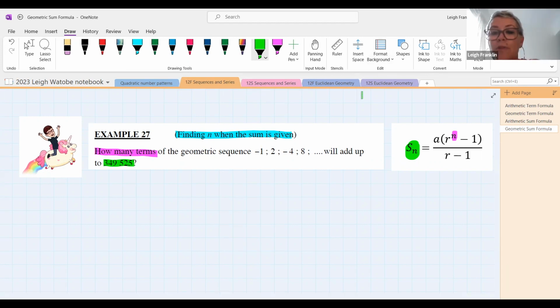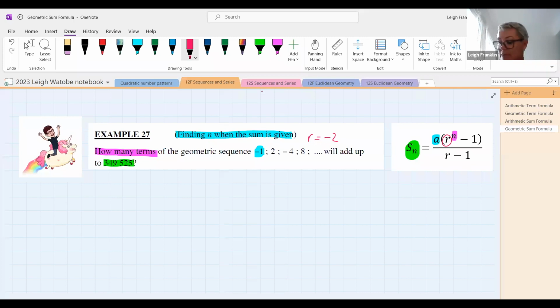So they've given us the SN, and they want us to calculate n. Again, we know what A is. We see that A is equal to -1, and there's our A over there. And of course, we can work out what R is. R in this case would be equal to -2.